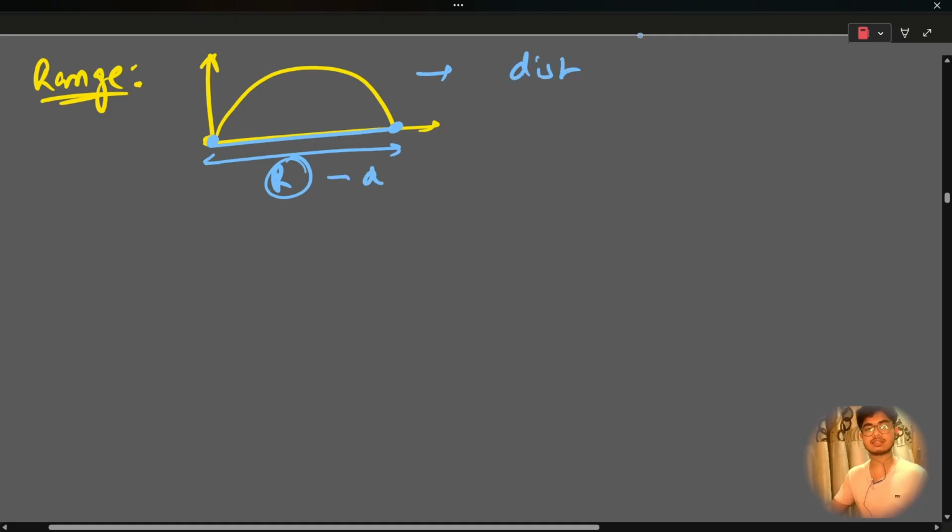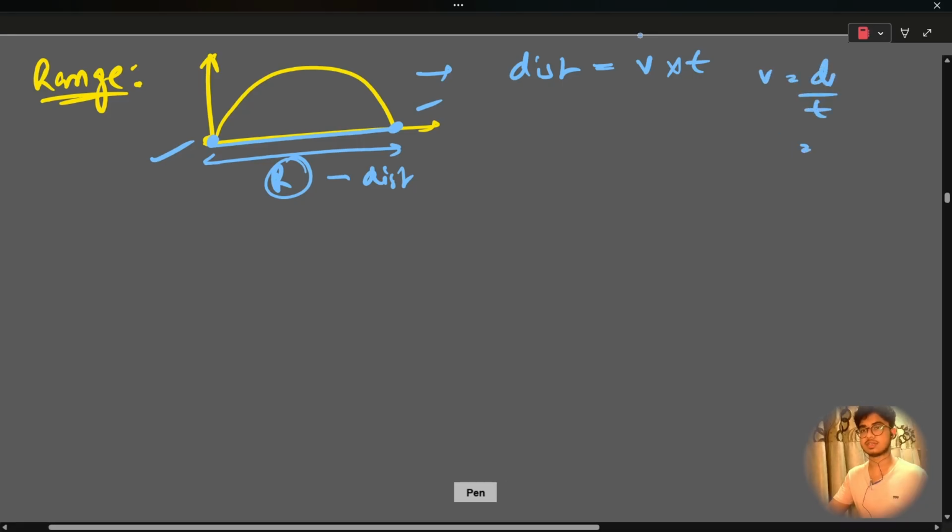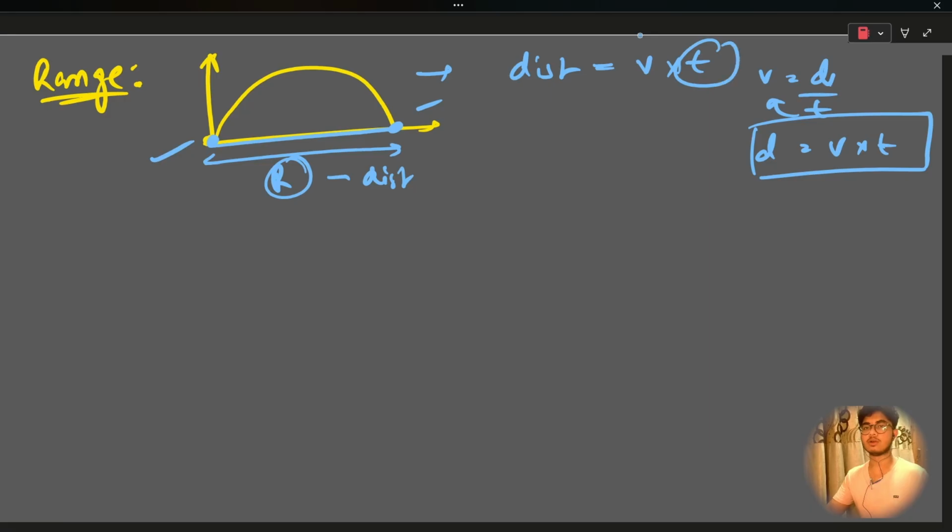Range is basically distance, right? Distance between this point and this point. So what is distance? Distance is velocity into time, or velocity equal to distance by time, time equal to distance by velocity. We'll just take it here, velocity into time, right? Now time we have got to go from this point to this point, the initial point to final point.